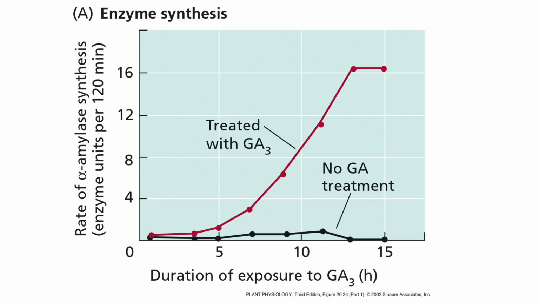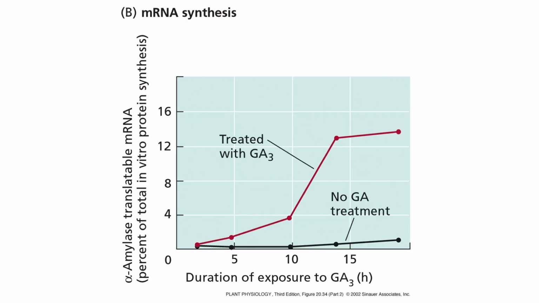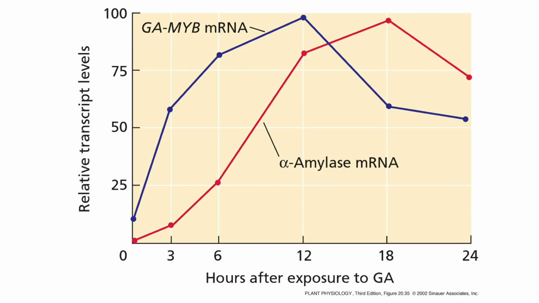Here we can see that GA stimulates the synthesis of alpha amylase by stimulating the synthesis of mRNA, or messenger RNA, of the alpha amylase. Gibberellin stimulates GA-MIB mRNA and subsequently alpha amylase mRNA by initiating a signaling cascade that ultimately leads to the transcriptional activation of the alpha amylase gene via the GA-MIB transcription factor.